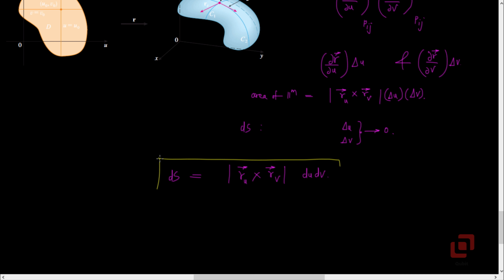And this is perhaps the most important formula in our entire video, which will be useful to you in finding surface integrals very easily, especially when the surfaces are not flat.